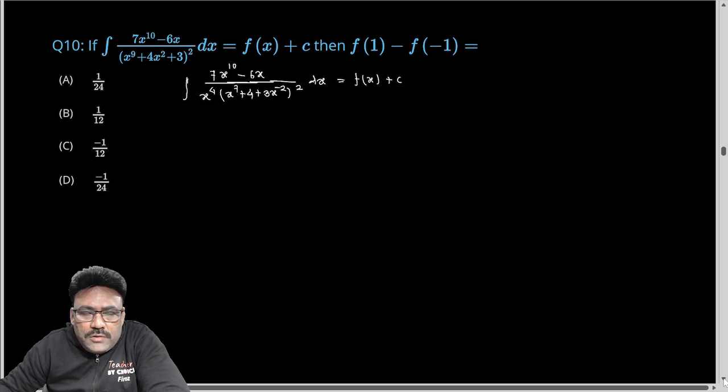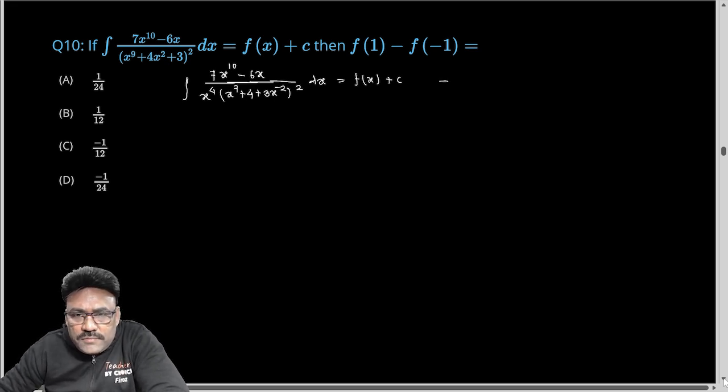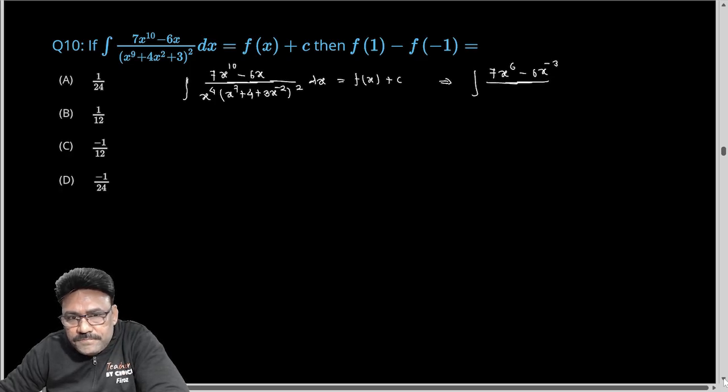Now it can be written as 7x raised to 6 minus 6x raised to minus 3 over x raised to 7 plus 3x raised to minus 2 plus 4 whole square dx.